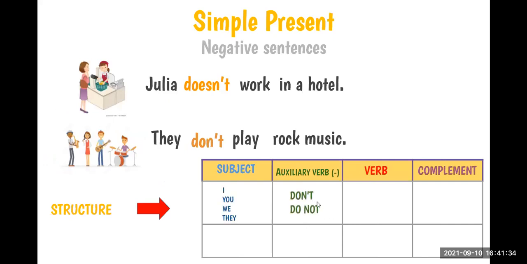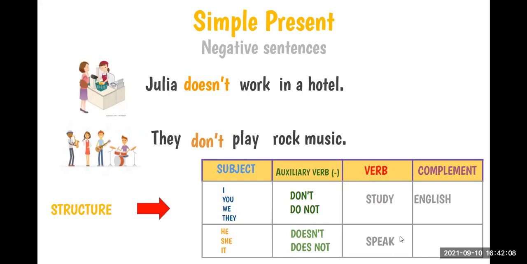So here we have some examples. We can use don't or do not when we are talking in the negative form for the present simple. The verb is in the base form, we don't need to change the verb. For example, I don't study English. You don't study English. And for the third person, we use doesn't or does not. The verb doesn't change, it is in the base form.